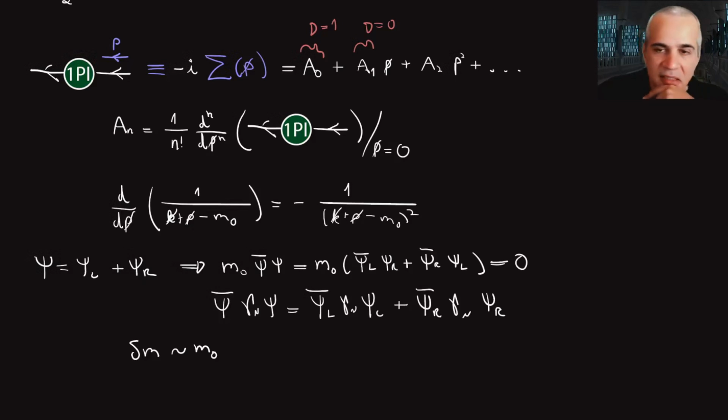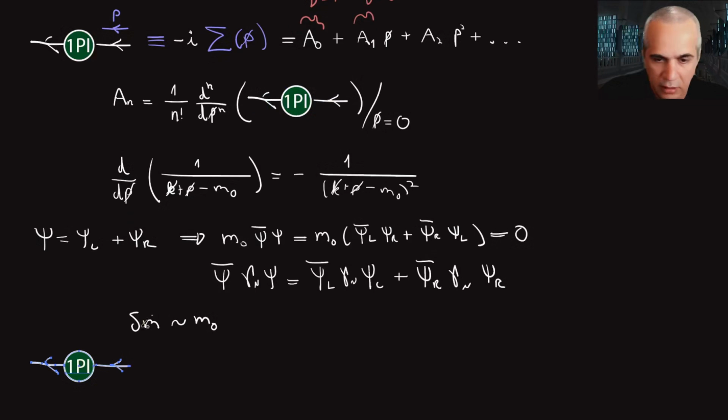And that means that by dimensional analysis, these coefficients here will be the ones that introduce delta m. Remember, when I put renormalization conditions, delta m will be proportional to the loop contribution, right? If delta m needs to be proportional to m0, that means that this guy right here needs the part that is independent of momentum.